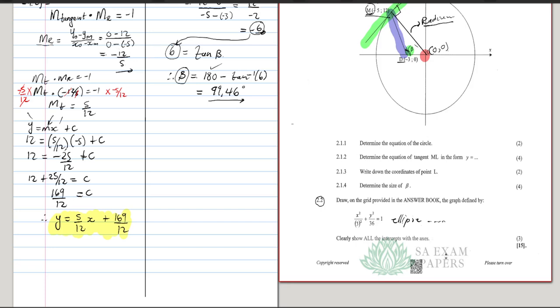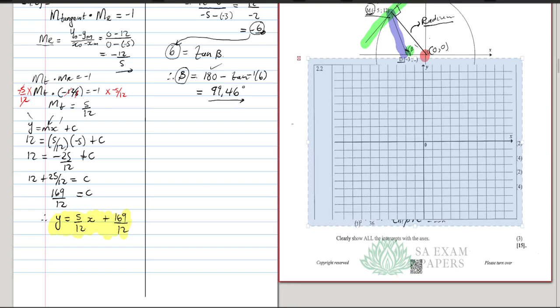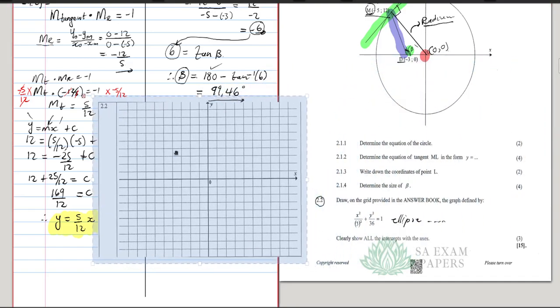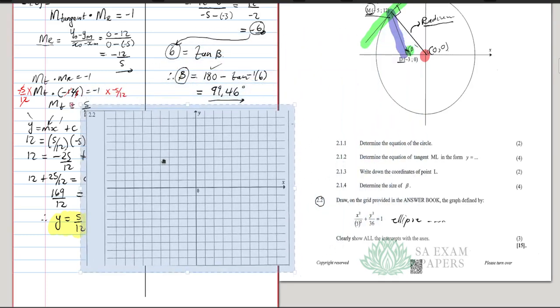I have the answer booklet. Maybe next time I record these videos, if the folder has an answer book, I'll just try to squeeze that in. Alright, so this is the grid they are talking about.